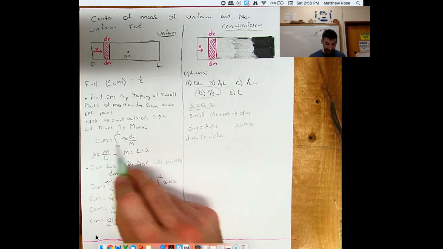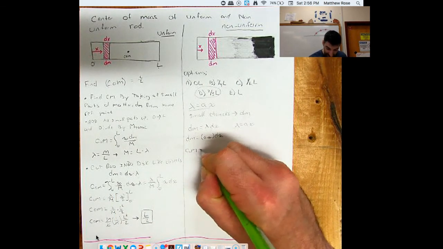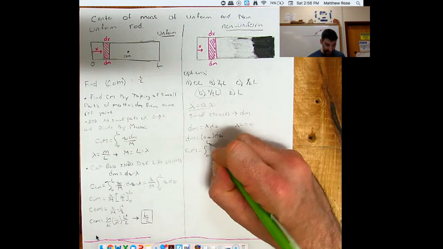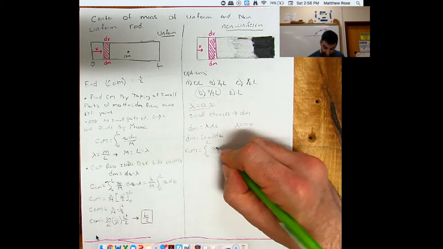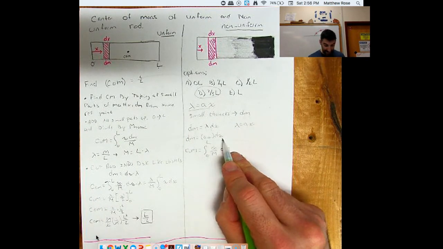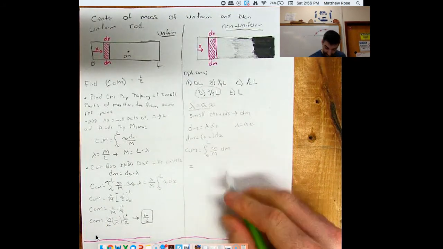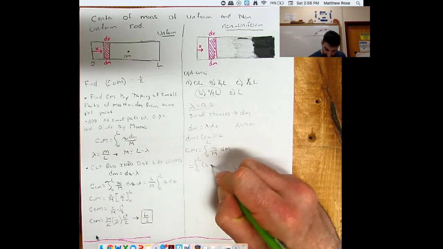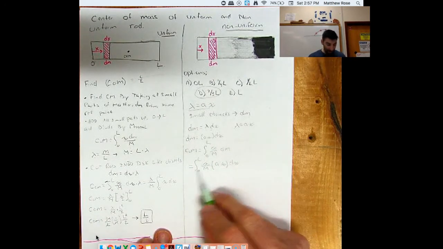Now I'm going to apply my center of mass equation like I did before. The center of mass is equal to the antiderivative from 0 to L of, just like we had before, x over m, x over dm, where dm is equal to ax dx, right? So now my center of mass is equal to the antiderivative from 0 to L of ax dx, and my m is a constant.